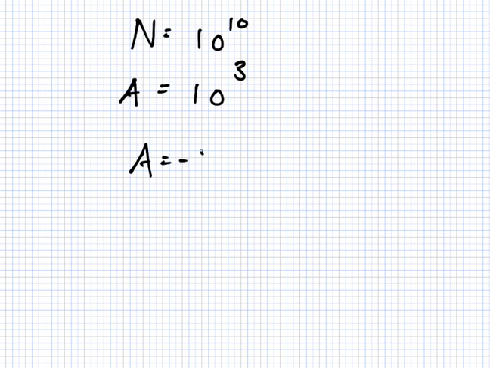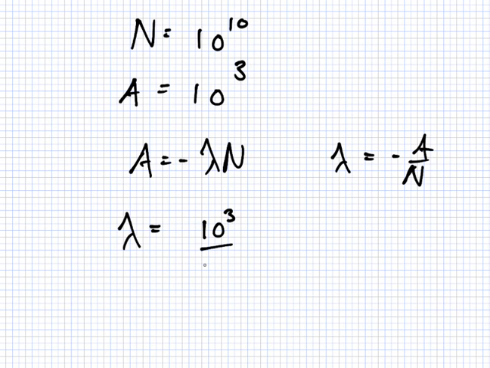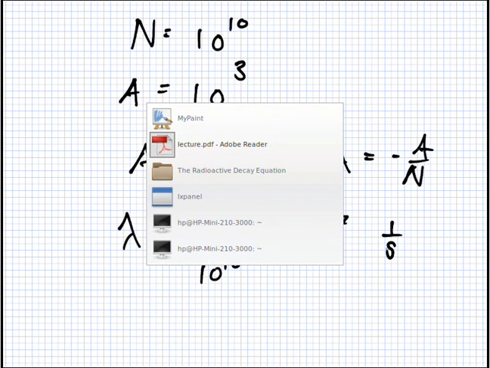A equals minus lambda N, so that means lambda is minus A over N, which means that lambda will be equal to 10 to the 3 over 10 to the 10. I have that the right way around, don't I? Yes, okay. Which is 10 to the minus 7, 1 over seconds. You got the same? Yeah, great.